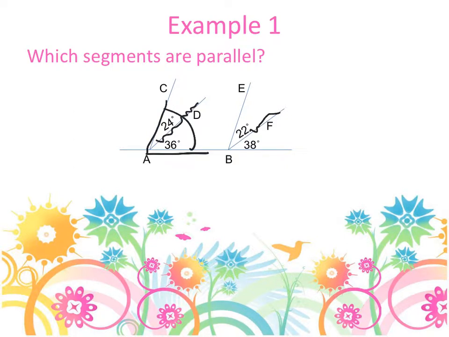So 24 plus 36 is what? 60, right? And then if I merge these 2 together and do my angle addition, 22 plus 38 is also 60.